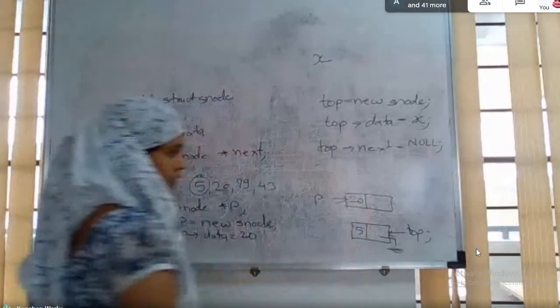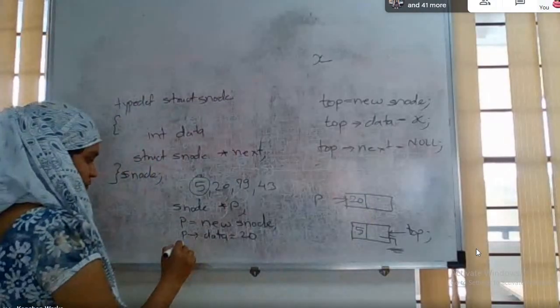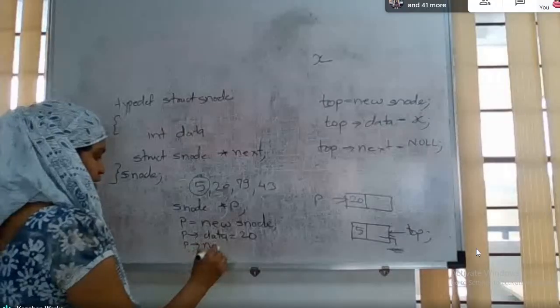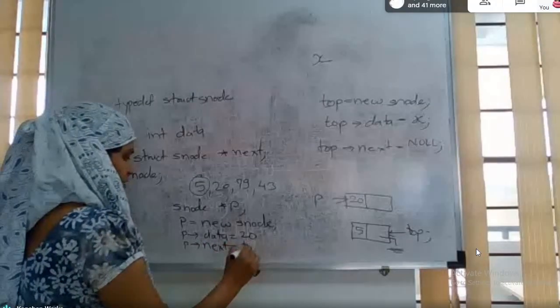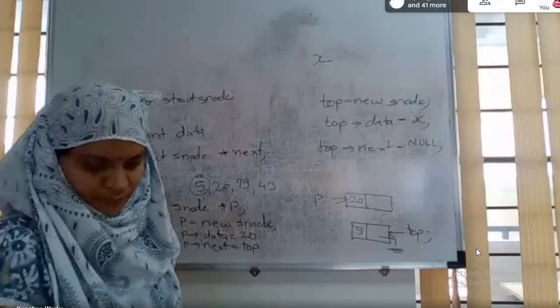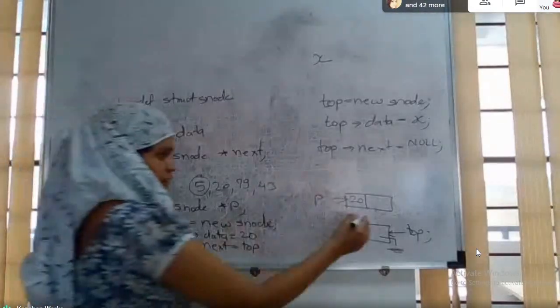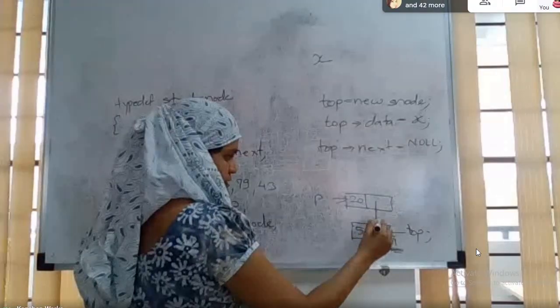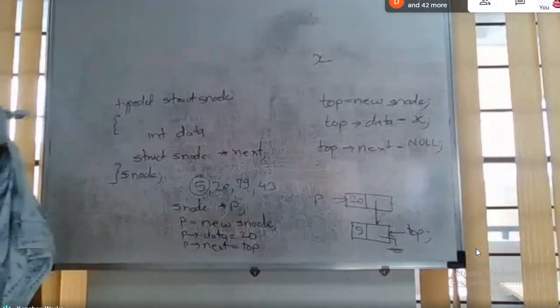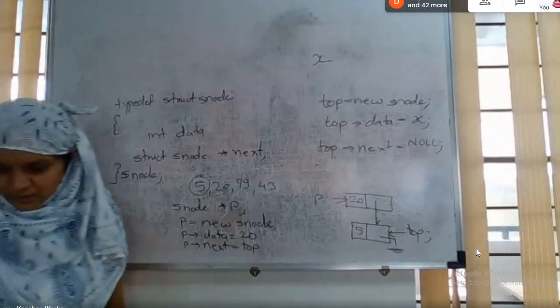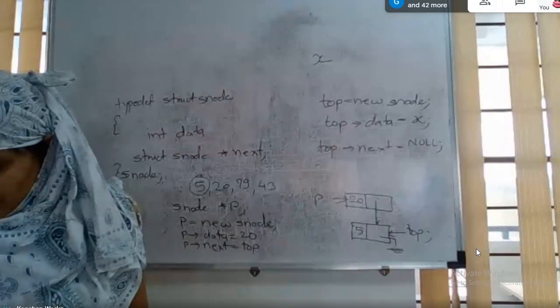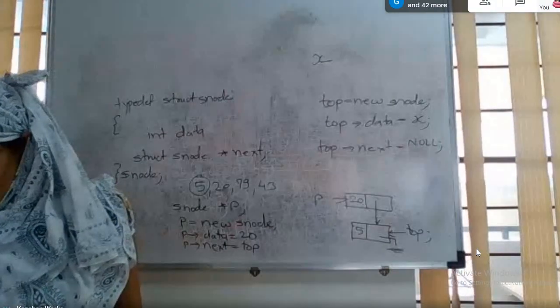So 20 will be inserted here, and I will write P of next equal to top. Yes, so P of next equal to top. इससे क्या होगा? This link will get created. Yes? Yes or no?